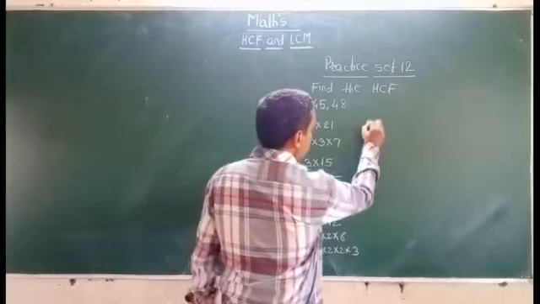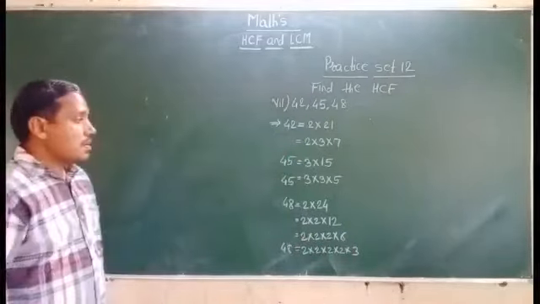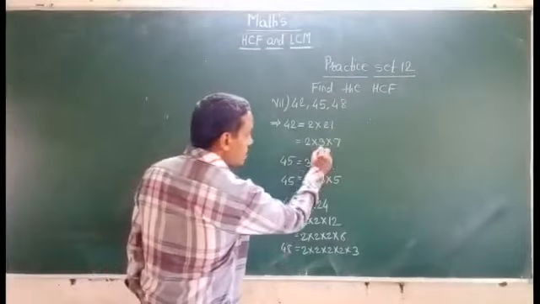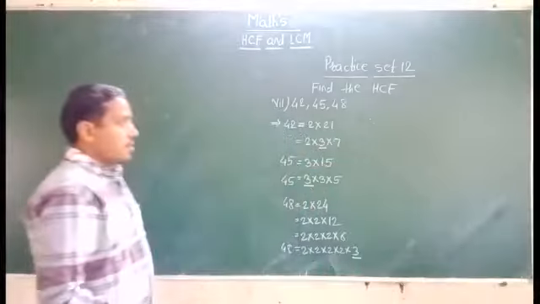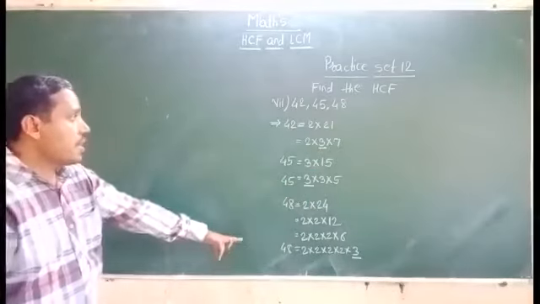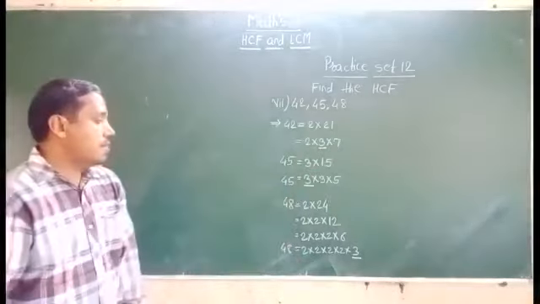So which one is the common one? Underline it: 3, 3 and 3. Looking at all the prime factorizations, 3 is common in each.